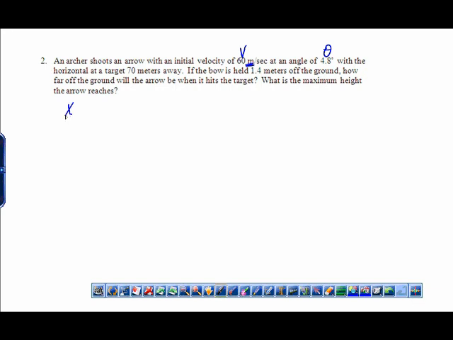Well, let's just go ahead and write our two equations. X of t is going to be 60t cosine of 4.8 degrees. I'm just using the formulas from the front. And my vertical component is going to be 60t sine 4.8 degrees, minus half of 9.8, which is going to be 4.9 t squared.